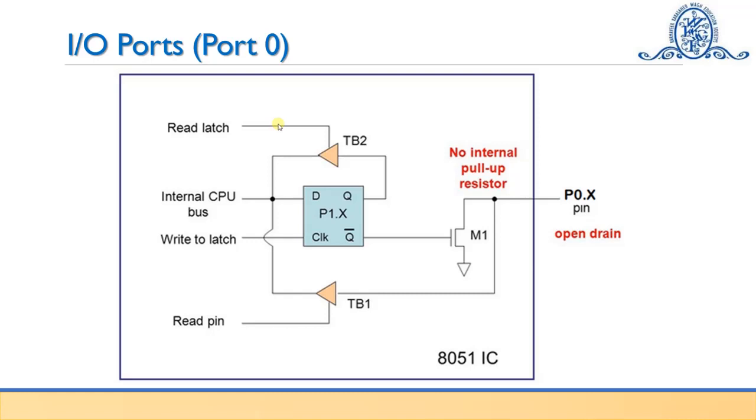In 8051, this is port 0, and you can see that there is no internal pull-up resistor. The drain is open, so you can call it an open drain architecture. This is the P0.x pin of port 0 of 8051.